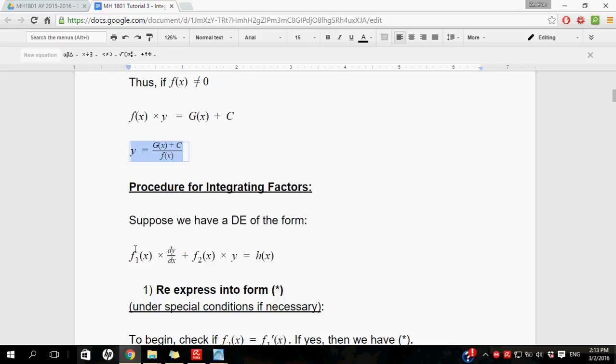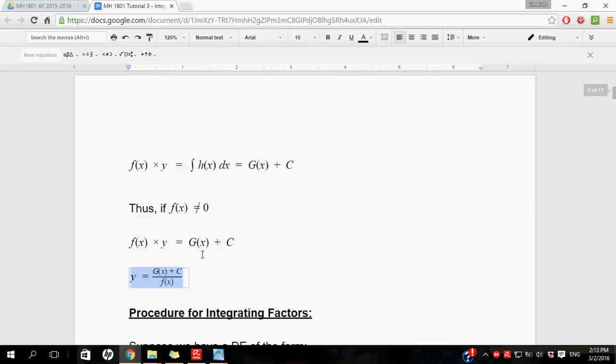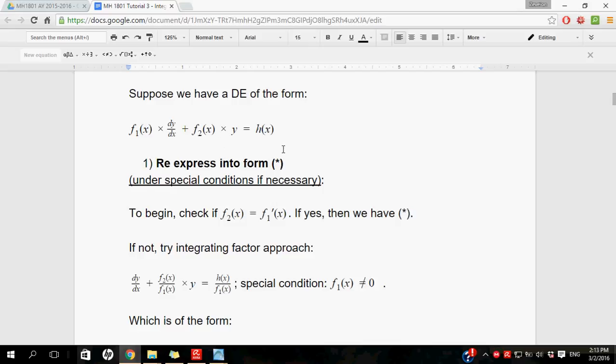More generally, we may not have a differential equation of the form star. What we may have is a differential equation of this form, with two functions in terms of x, f1 and f2. How are we going to deal with this situation? We will try to re-express this differential equation into the form star.